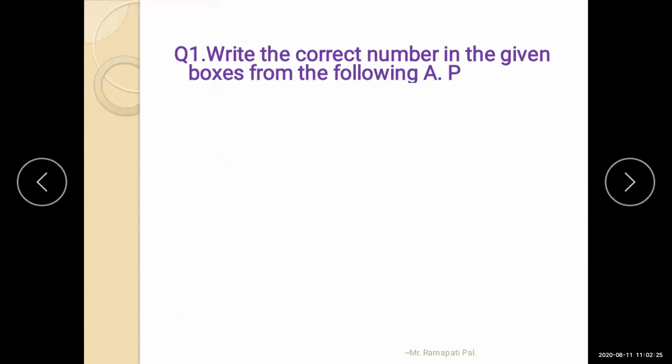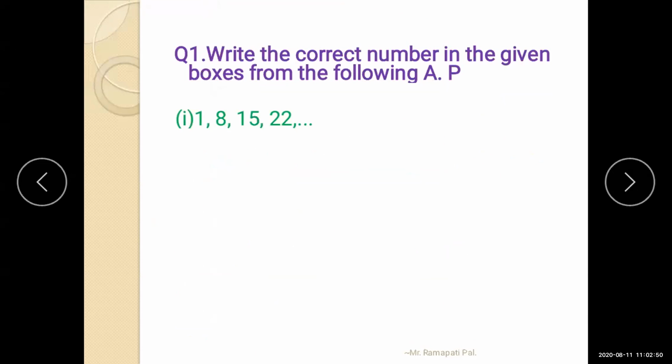Write the correct number in the given boxes from the following AP. Now it is an activity type. Is it clear? It is an activity type and you have to reply fast. Let's see. 1, 8, 15, 22.